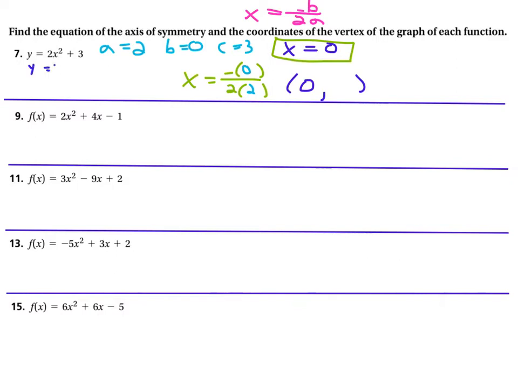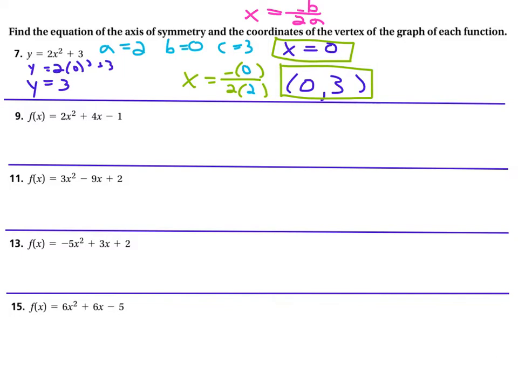So y equals 2 times 0 squared plus 3. When you put in 0 for x, everything being multiplied by x turns to 0, and the one thing left is the constant term of 3. So we've got a y coordinate of 3, and those are the coordinates of the vertex. So that's our whole answer there.